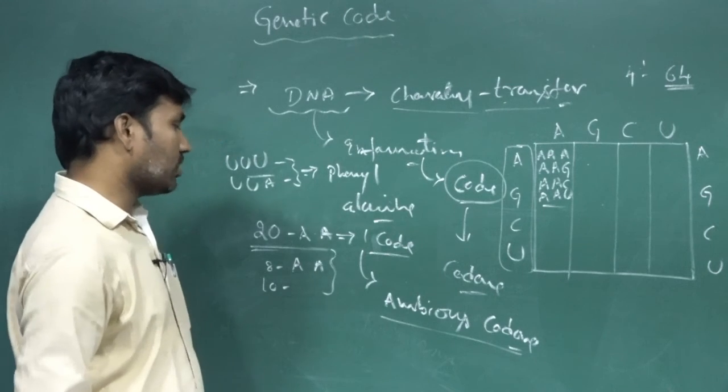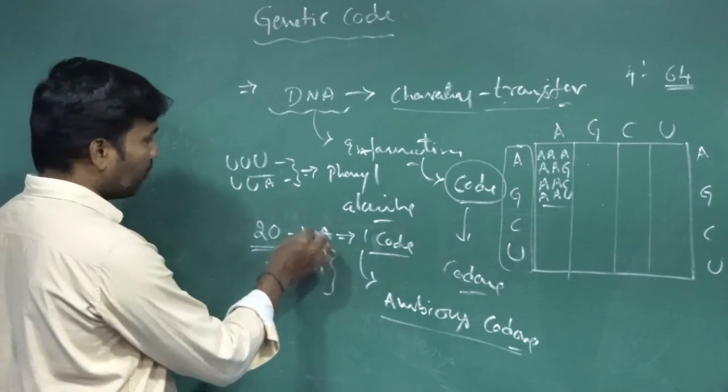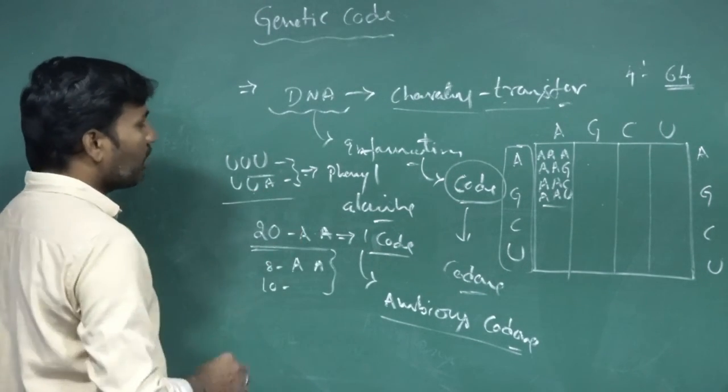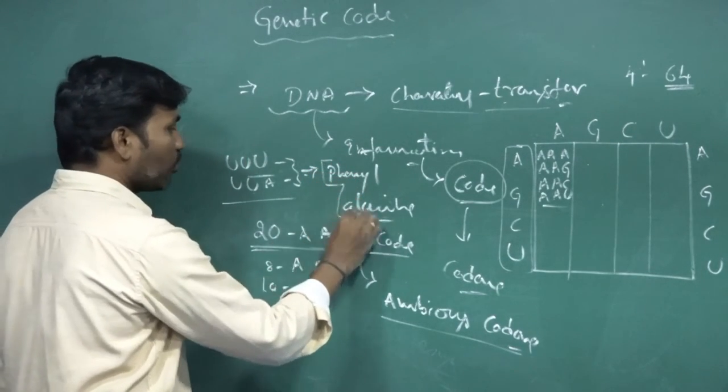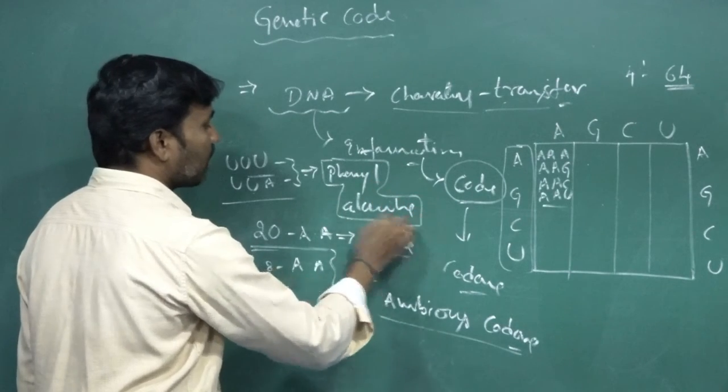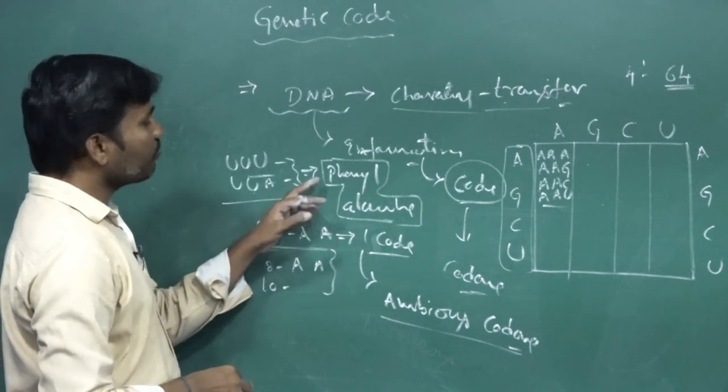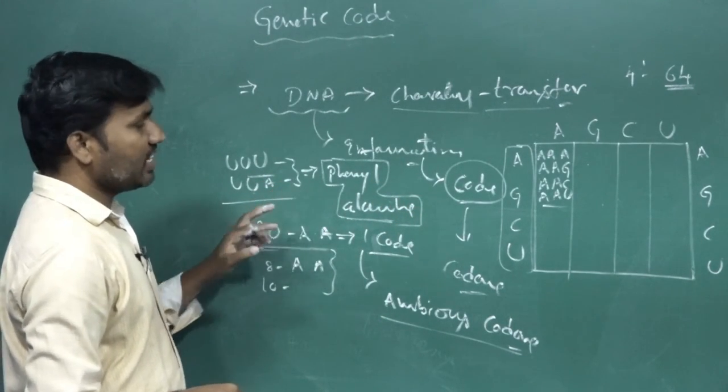Suppose, for example, phenylalanine is coded by 2 codons here. That means one amino acid is coded by 2 or more varieties of codons.